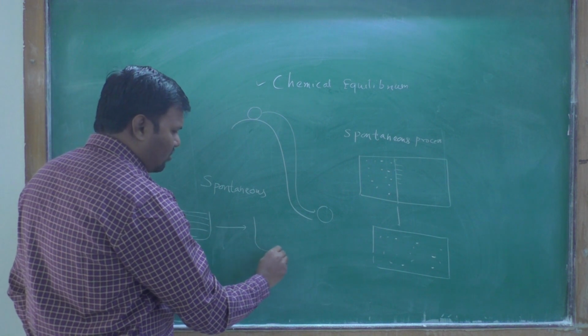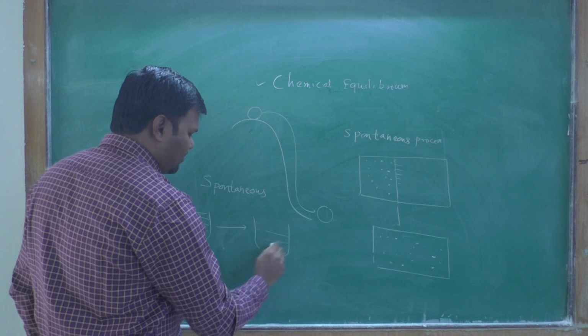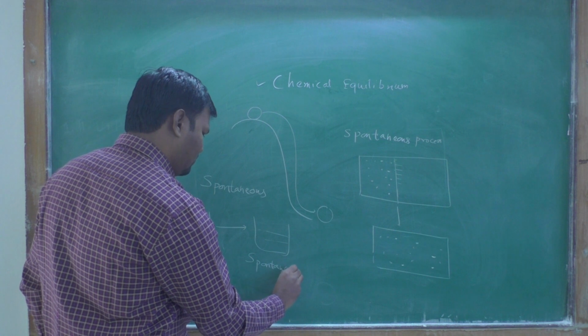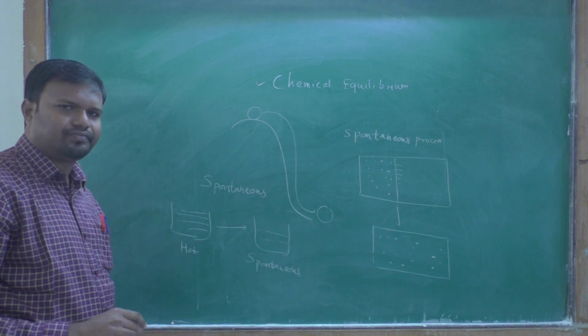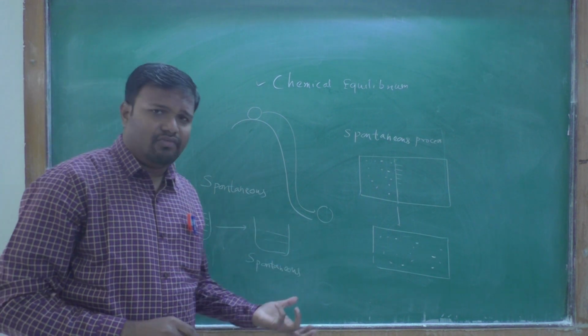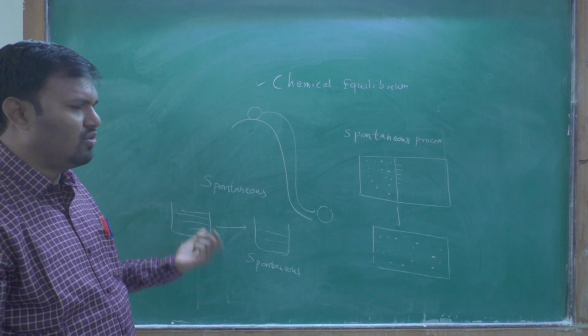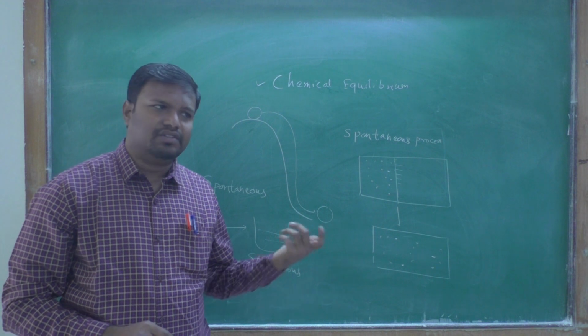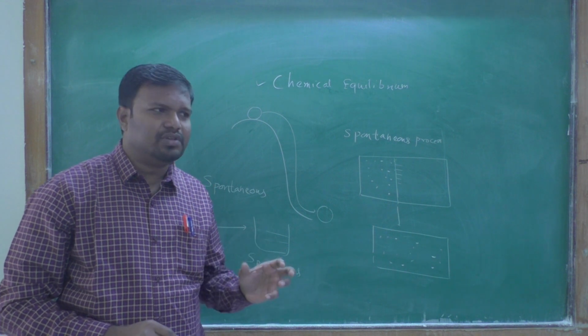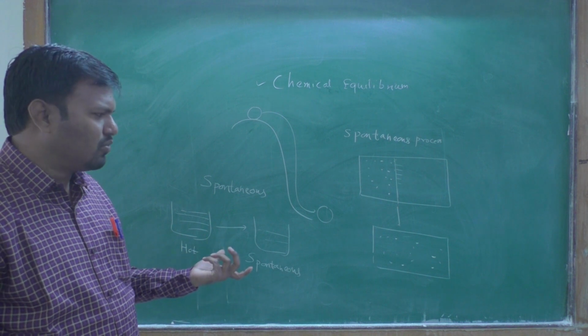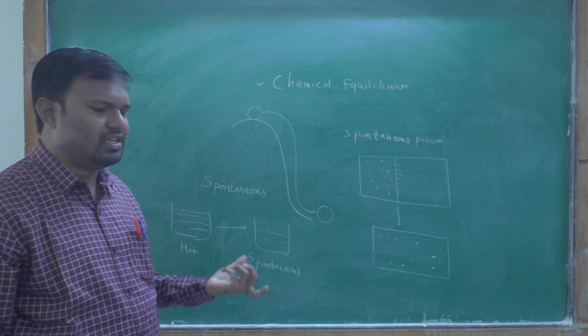The cooling of hot water is also a spontaneous process, correct? When we see reactions such as the rusting of iron, it's a spontaneous process. When humidity and oxygen are there, it gets rusted, and that is a spontaneous reaction.